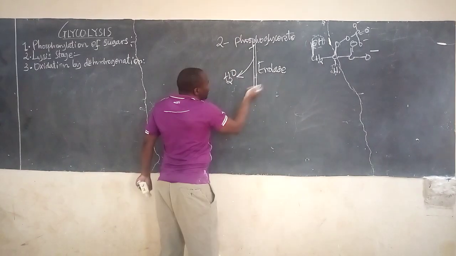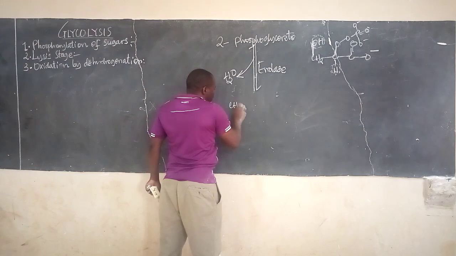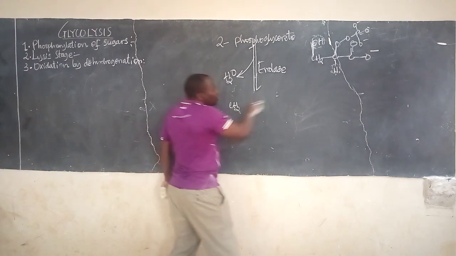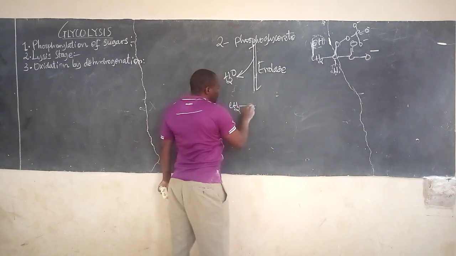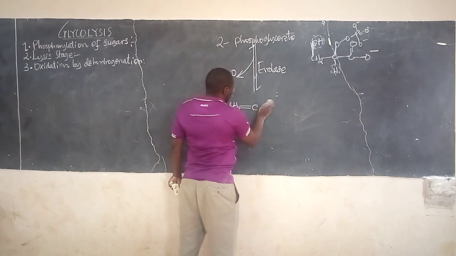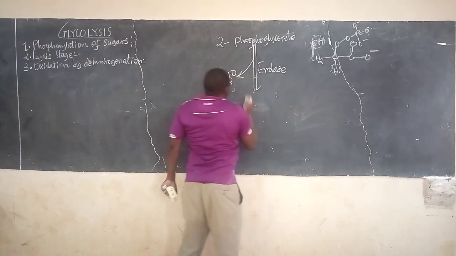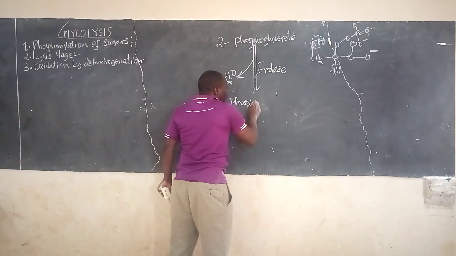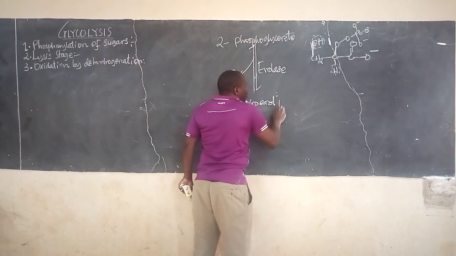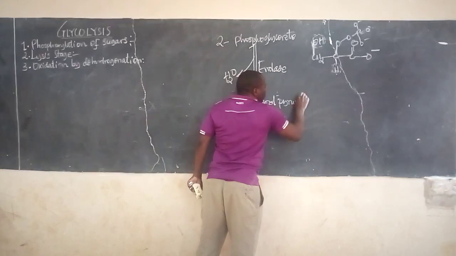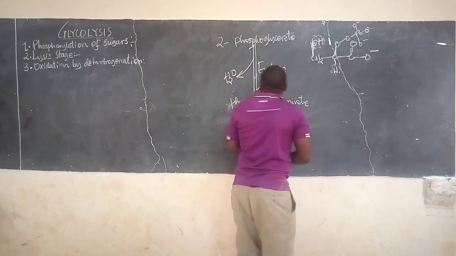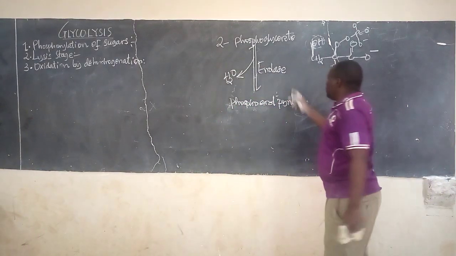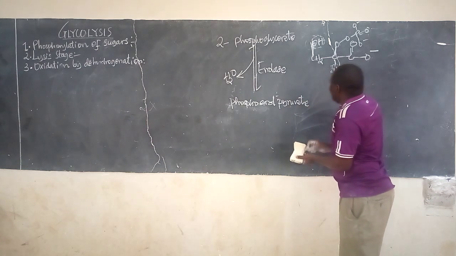Then the next stage: CH2 here, we add a double bond. We form here phosphoenolpyruvate, and the enzyme is enolase.